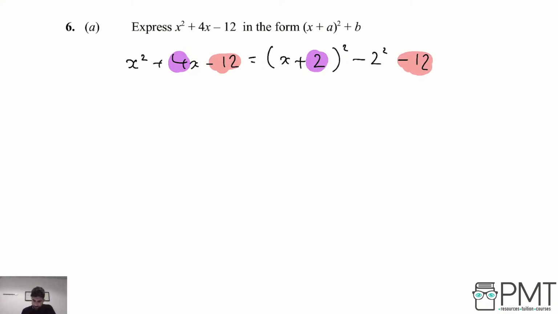A is 2. Yep, thank you, Mohammed. That's a 4 being the square of that one. Okay, simplify this. Let me write it as (x plus 2) squared.